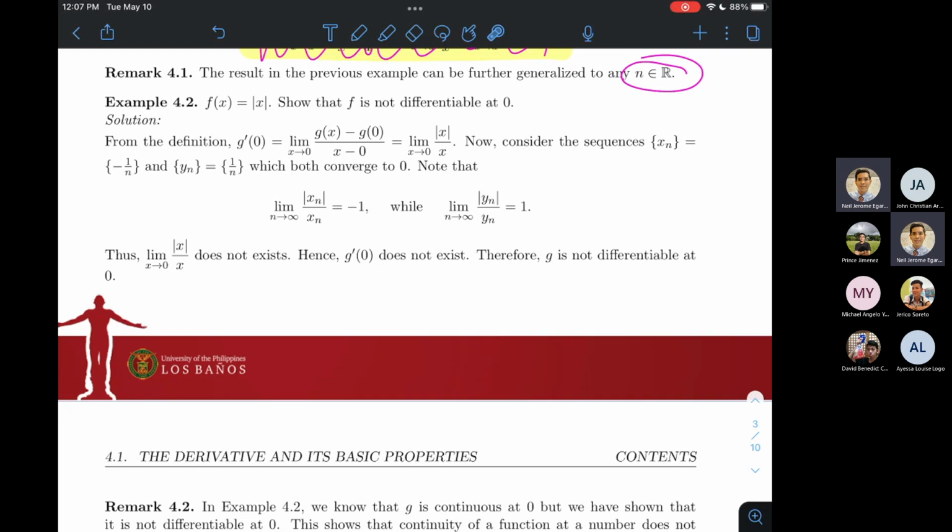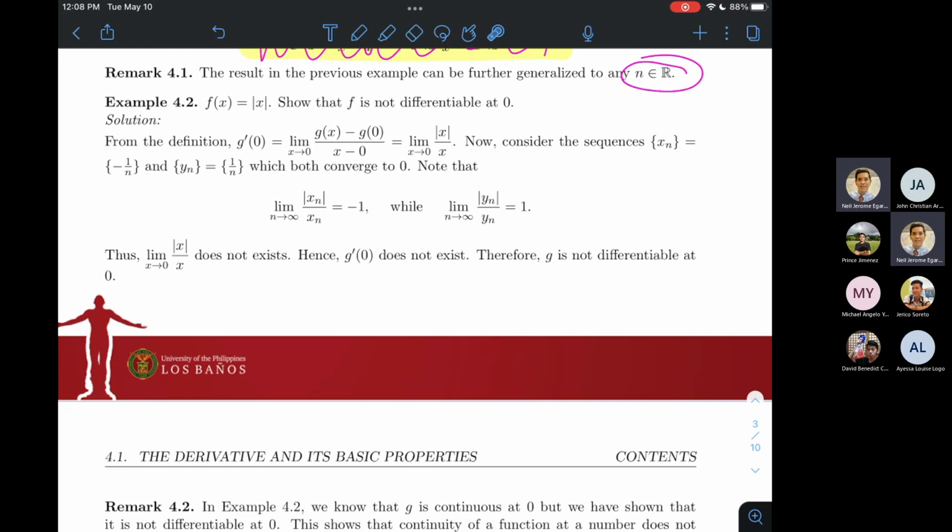Okay, another example to look at how the definition works ay ipakita na hindi differentiable kay zero yung absolute value function. Okay, now I changed the proof nito mula dun sa previous version ng lecture notes kasi doon gumamit siya ng limit from the left and limit from the right. Pero there's a little caveat to using the left-hand limit and the right-hand limit as a criterion for the limit of the function.